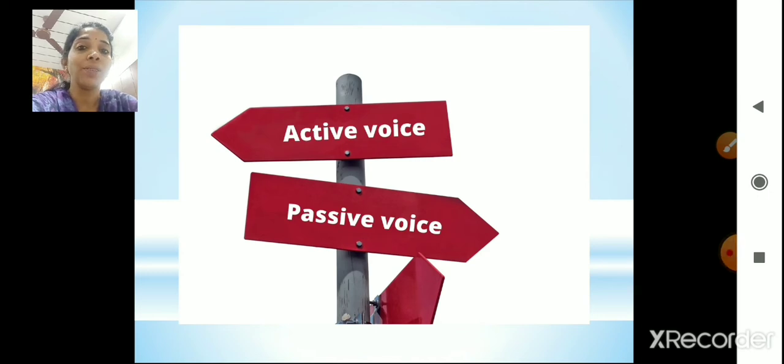In this session of English grammar, we are going to continue with the topic active voice and passive voice. We started with this chapter. We learned the definitions, several rules and steps, and in the previous lecture, we learned model 6.